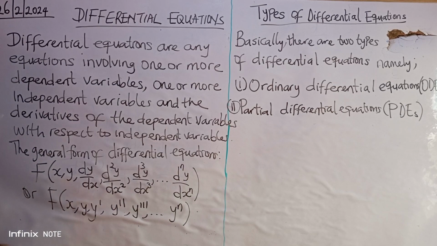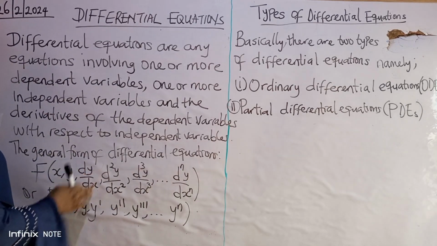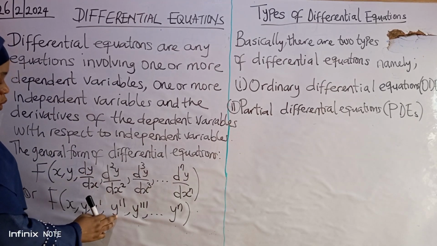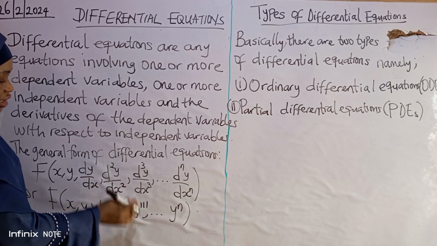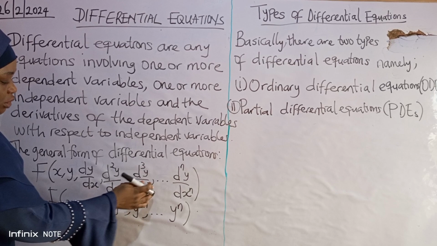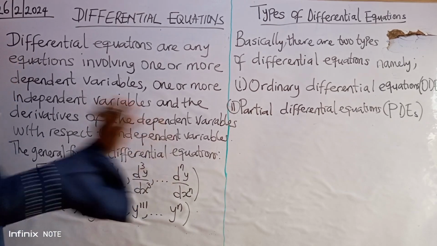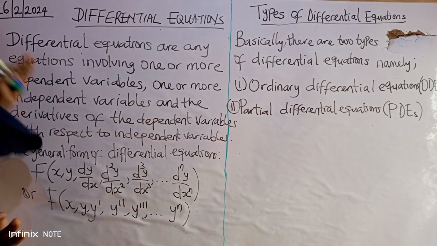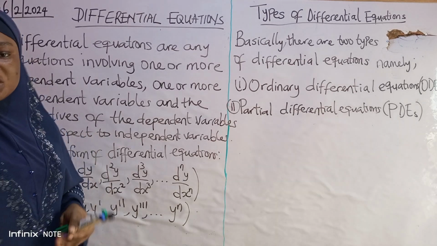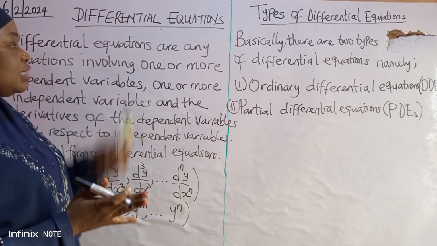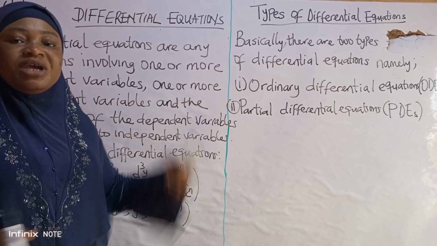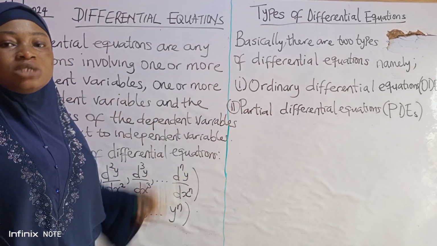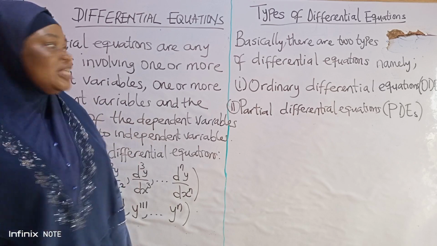Like I explained earlier, dy/dx can be written as y prime, d squared y over dx squared as y double prime, and d cubed y over dx cubed as y triple prime, and so on. So that is the definition of differential equations. It involves dependent variable, independent variable, and derivative of dependent variable with respect to the independent variable.